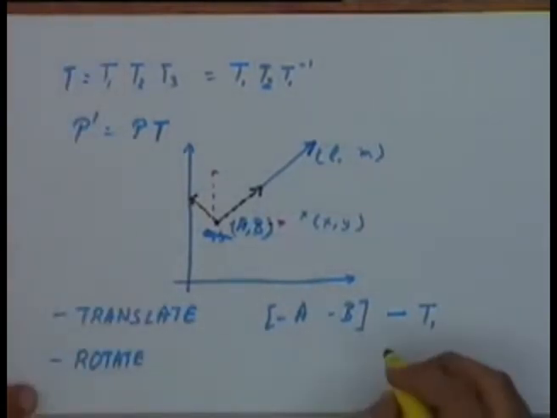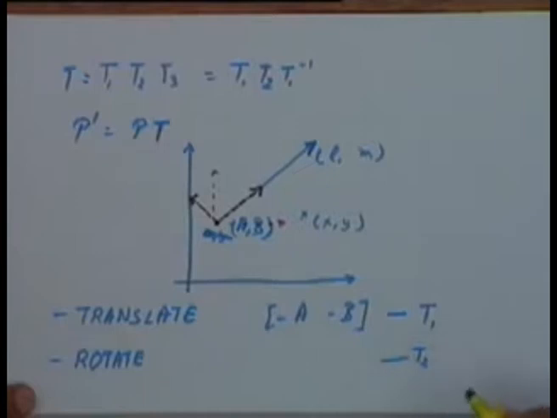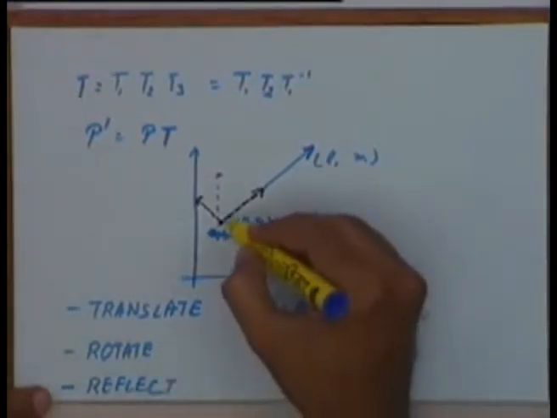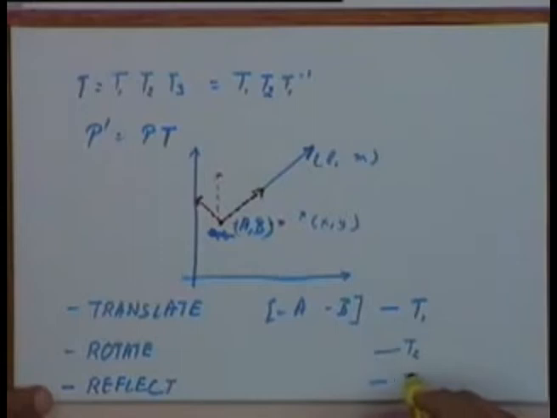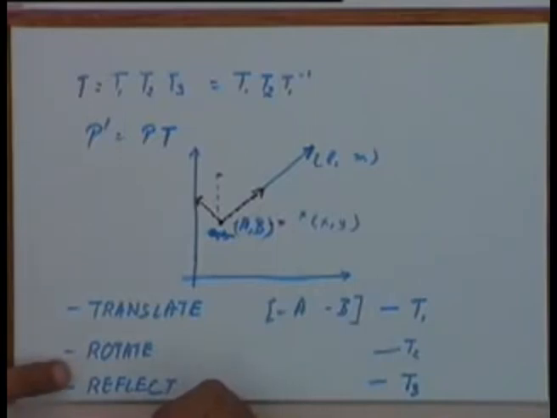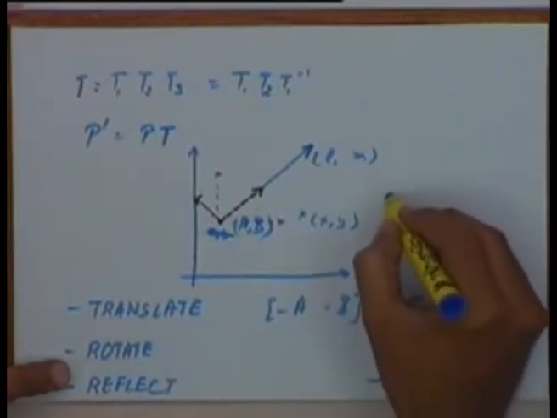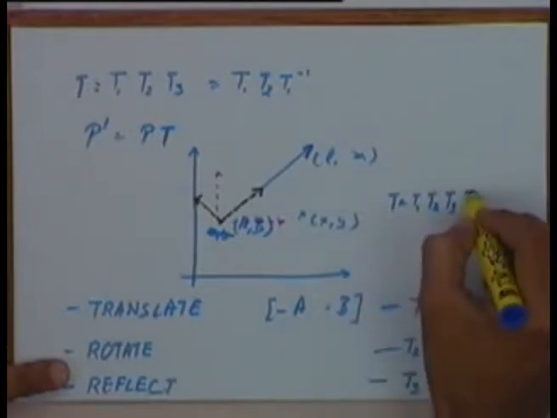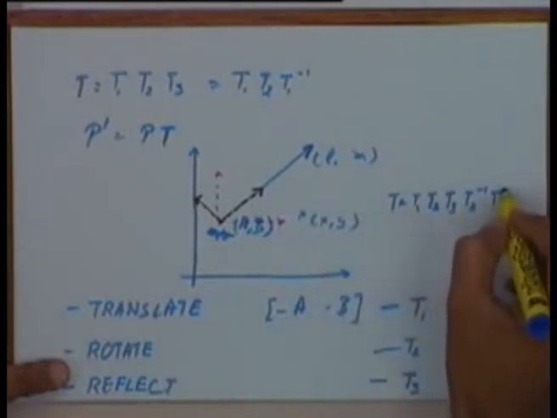This will give us a transformation matrix T2. Then I will reflect about the x-axis, that will give us a transformation matrix T3, and then I will do the reverse of these two. So the combined transformation T will be T1, T2, T3, T2 inverse, T1 inverse.